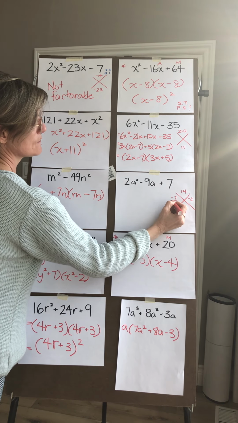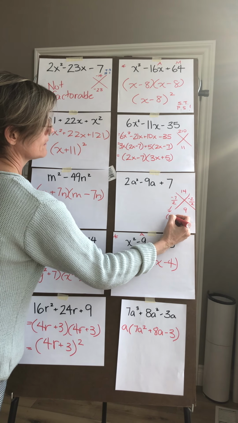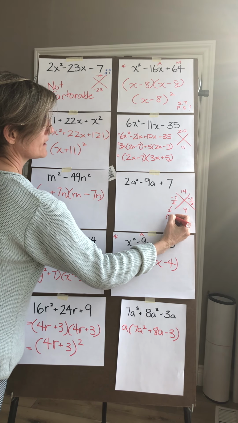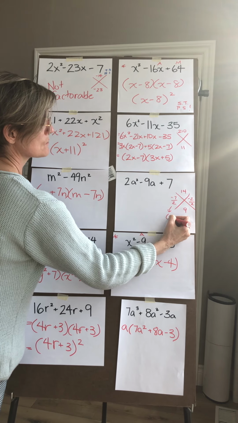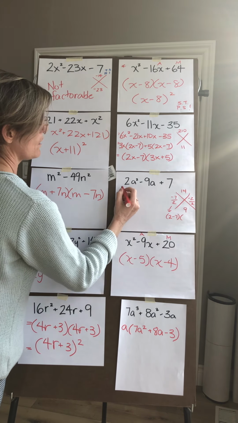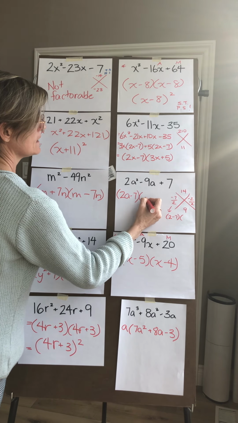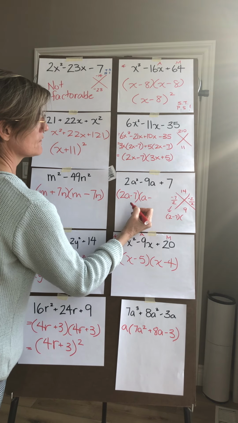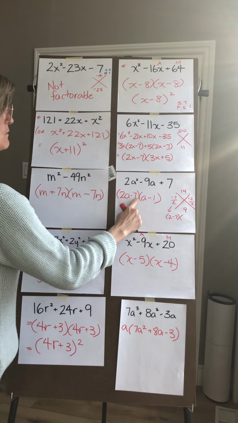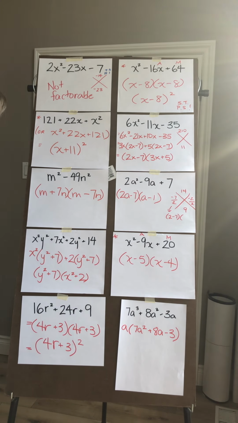All right, so if I do this by the cross product method, this is going to stay -7 over 2, so 2 and -7, and that's going to reduce to 1 over 1. So we're going to end up with 2a minus 7 and a minus 1. There you go.